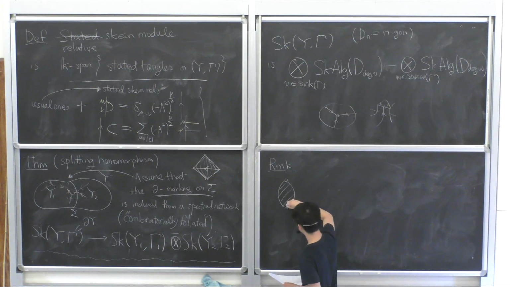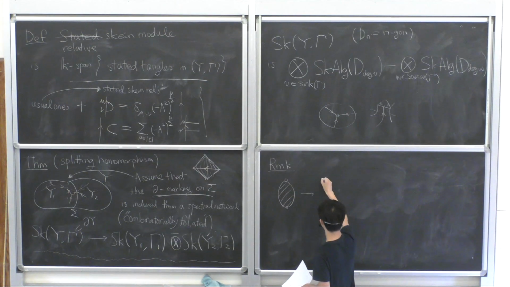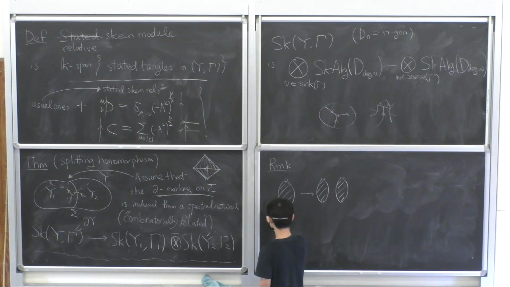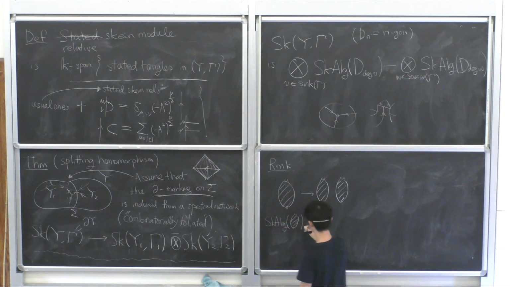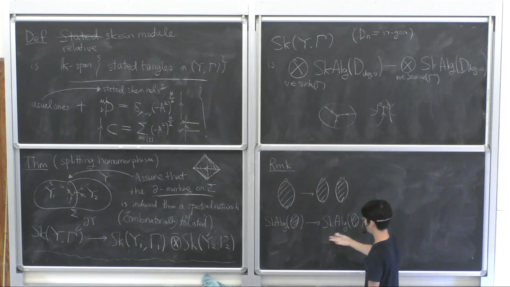In this case, we can split a bigon into two bigons. And what do we get? We get the Skein algebra of a bigon. We got a map from the Skein algebra of the bigon to the tensor product of two copies of Skein algebras of the bigon, which endows this Skein algebra a coalgebra structure.